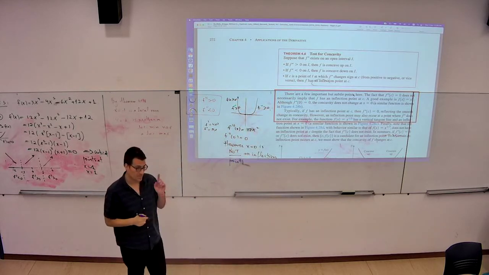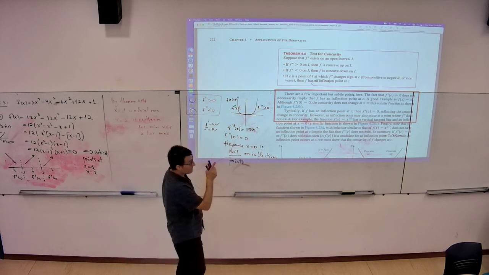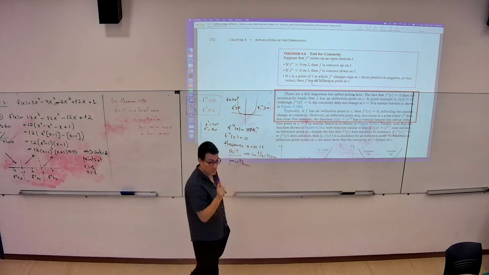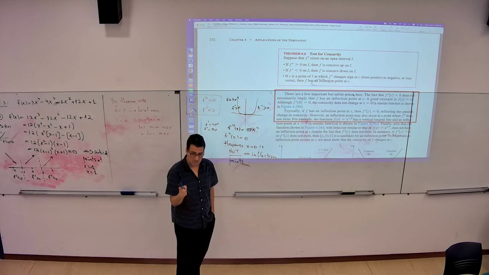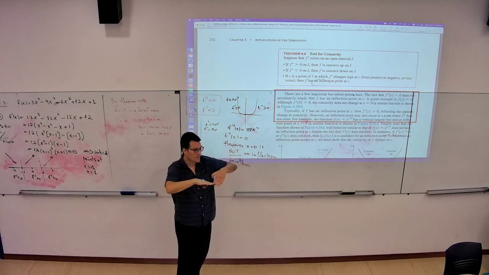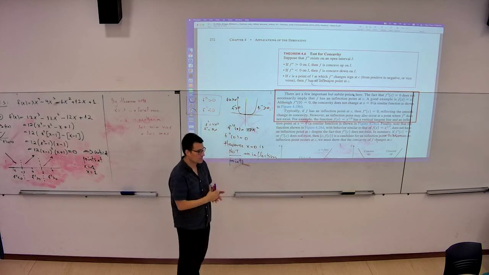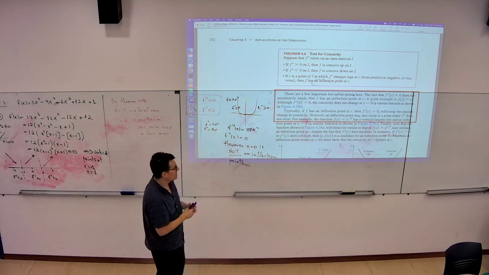Happy all the time, but 0 is not an inflection point. So we have to be careful: f double prime equal to 0 does not imply that the point is an inflection point, since the function may not change its concavity at that point.